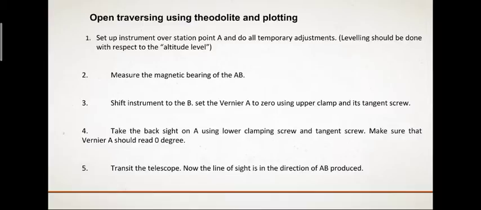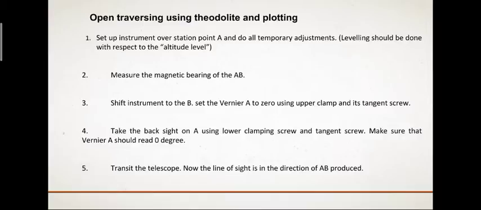And then you have to bisect the point C, right. How you are going to bisect the point C? To bisect the point C, what you are going to do is you are going to first bisect the point A, right.